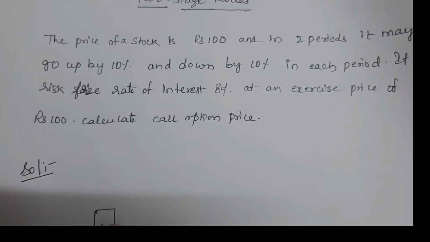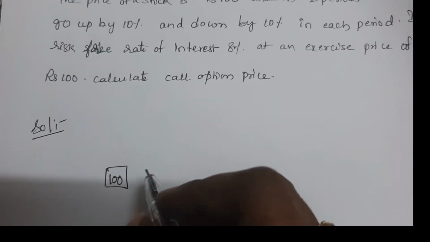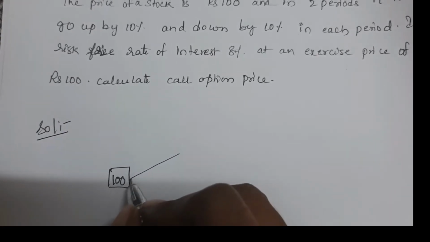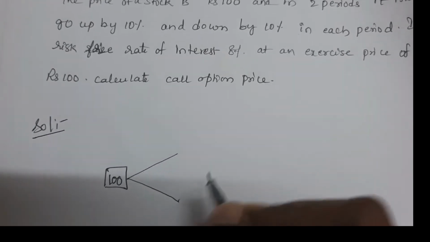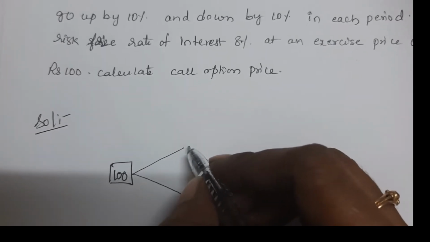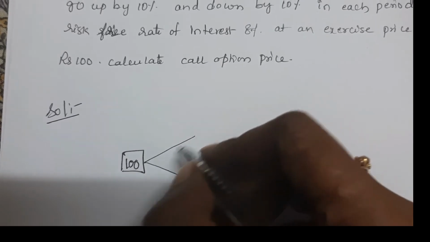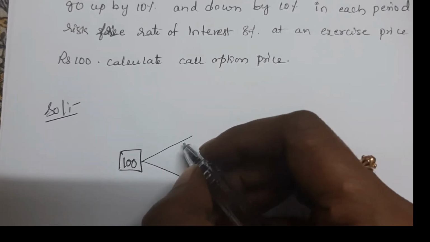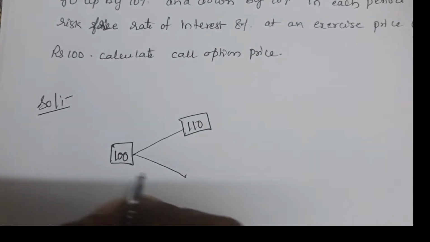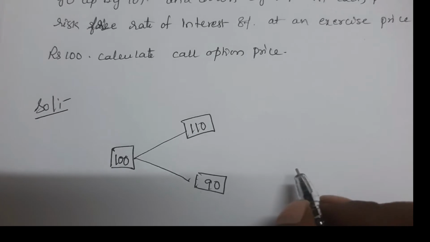First of all, the current stock price given in the sum is rupees 100, and in two periods of time it may move up by 10% or fall down by 10%. So if it increases by 10%, it will become 110. If it falls down by 10%, the price will become 90 rupees.